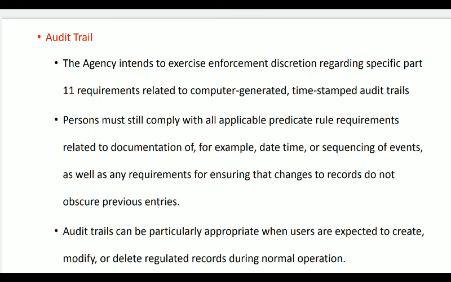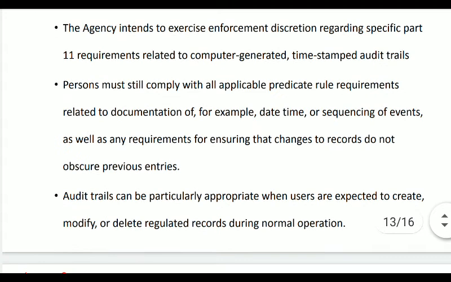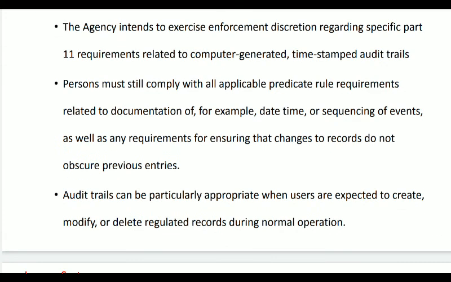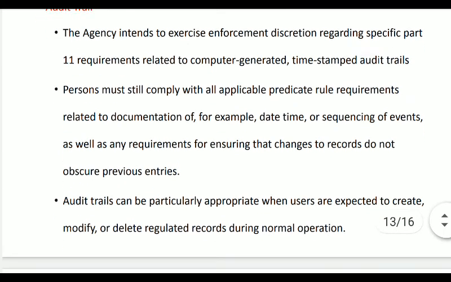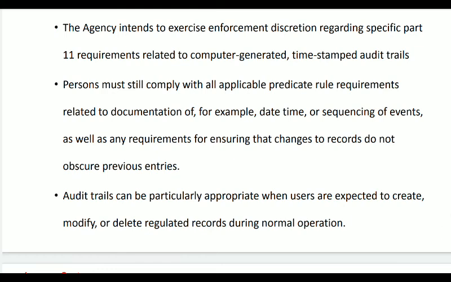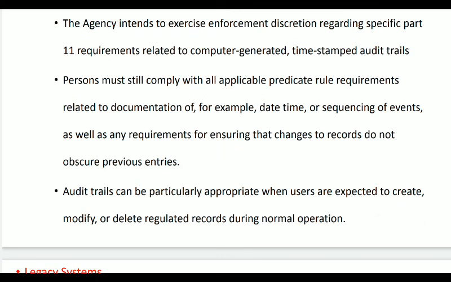So the agency intends to exercise enforcement discretion regarding specific Part 11 requirements related to computer-generated time-stamped audit trails. Whenever we are performing anything on LIMS, whether it is the validation or audit, we must put a time stamp. So it must have the time and the date at which the validation or the audit had been carried out.